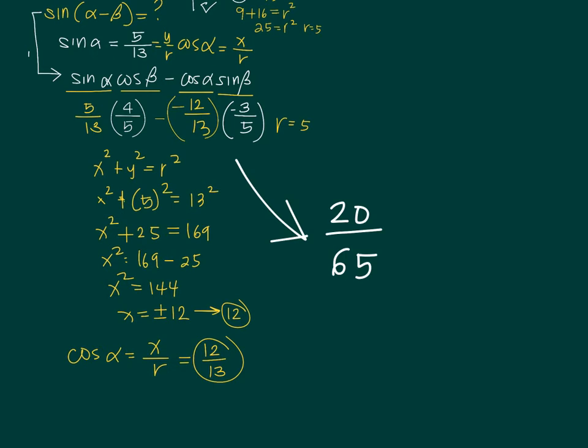And then we work on the signs. There is a minus, negative, negative. That's minus, positive. So it's just minus. 12 times 3 is 36, and then 13 times 5, 65. And to simplify, we have negative 16 over 65.